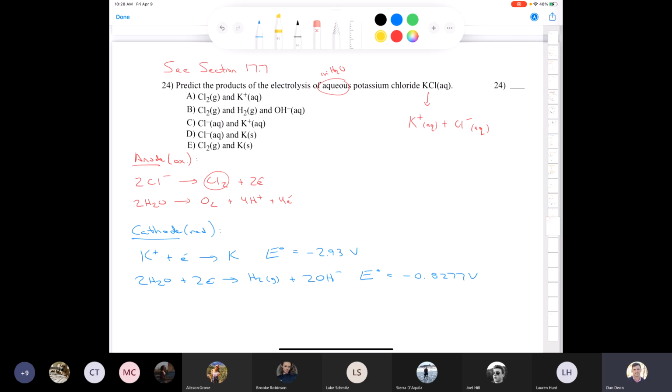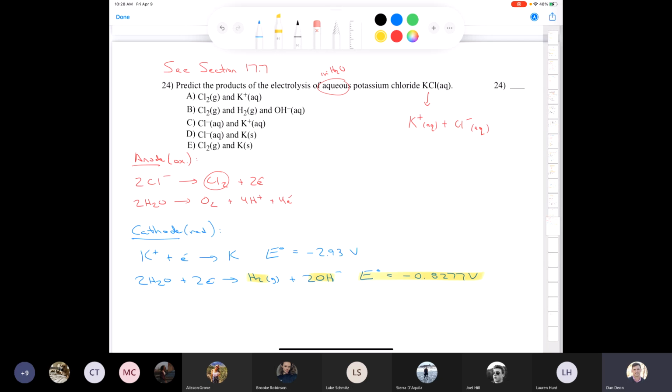Since this one is so much less spontaneous, its standard reduction potential is so much lower, then at the cathode, the water reduction is going to be the preferred reaction, which means we're going to end up with H2 and 2OH minus in our reaction.